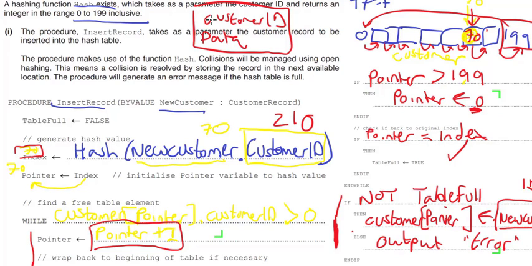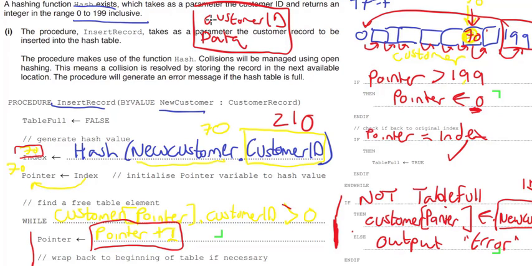So we've got a hash generating a number. We then do a loop. This is going to loop until this is greater than 0. Pointer equals pointer +1, so it's going to increment each time to find a position. If a pointer is greater than 199, it's going to go back to 0 again. We're going to check if we're back to the original index position. If we are, great.